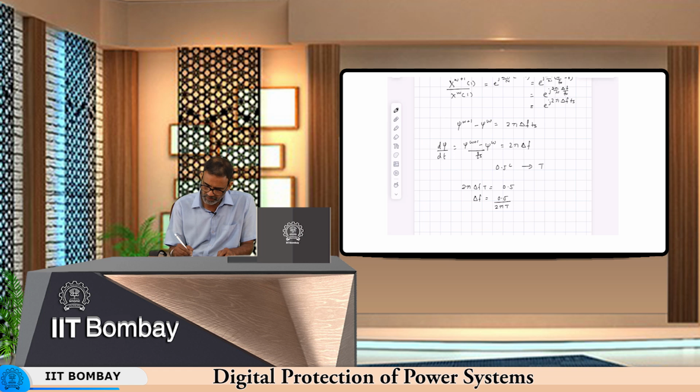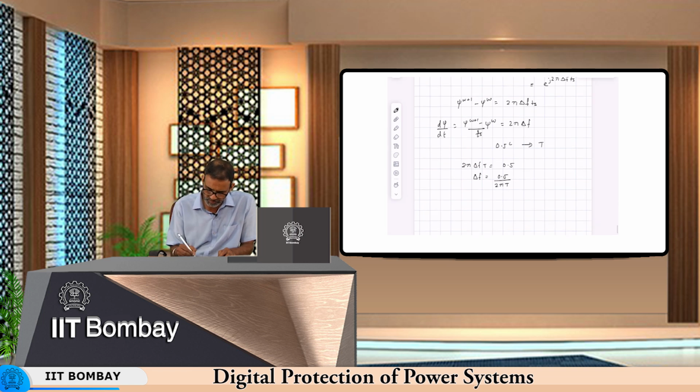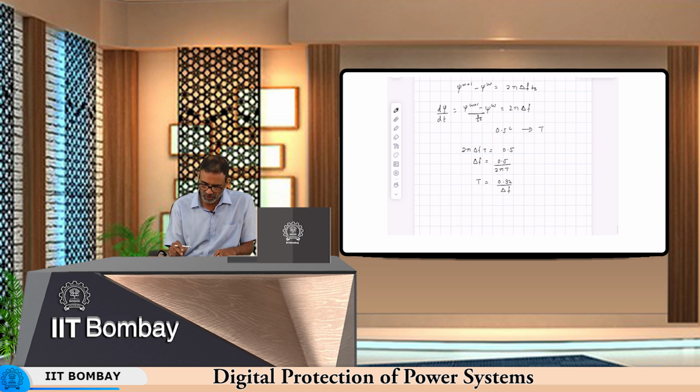And if we average it over 4 cycles or 4 windows, then what we will get is 0.32 upon delta f. This is actually where we stopped.